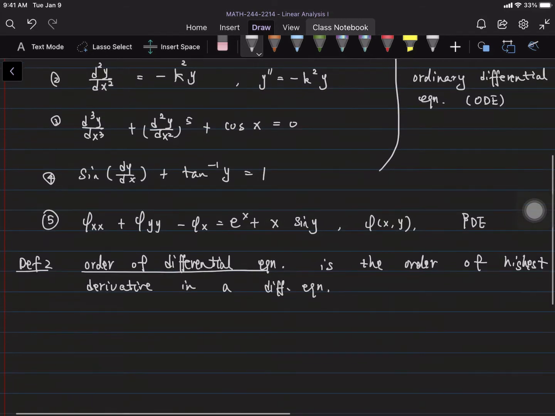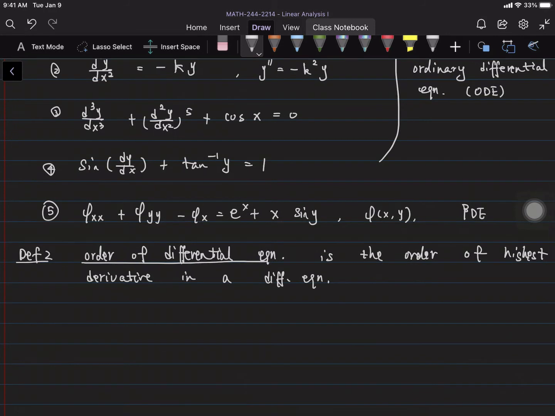So we know what the order of the differential equation is, right? So this means first order, this means second order, and this means fourth order.